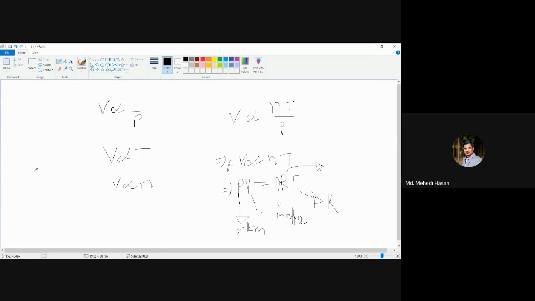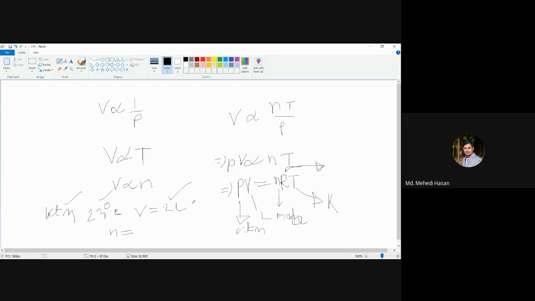Say the question is given something like this: one atm atmospheric pressure, 23 degrees Celsius temperature, and the volume is given as 2 liters. Then what will be the number of moles in that case? Then we have to use PV = nRT. Here pressure, temperature and volume are given, and you will get R, the constant.